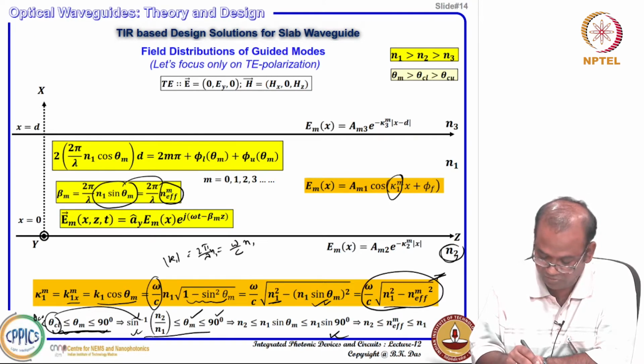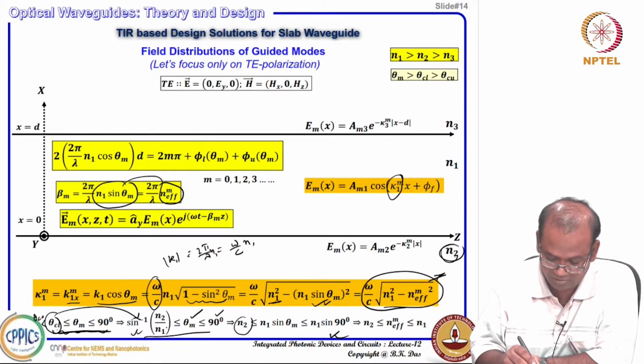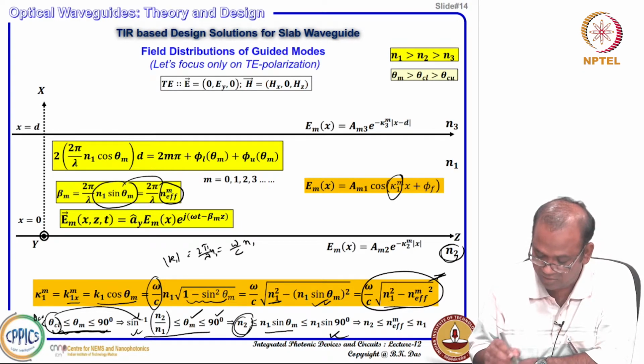If I remove the sin inverse, then it will be N2 by N1 less than or equal to sin theta m, and then sin 90 degree, and N1 I also multiply on both sides. So, this side will remain N2, this side will remain N1 sin theta m, and this side remains N1 sin 90 degree, right. So, this is an easy equation.